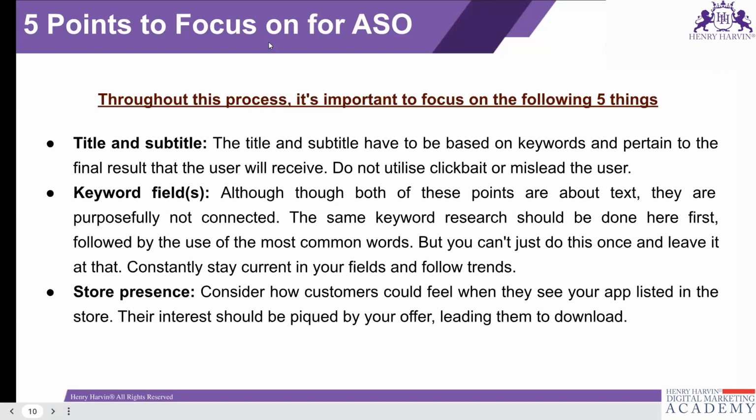And if it is hard, then how will they search for that? So, title and subtitle: when you create your app and list it on Google Play Store or any other store, they also provide relevant keywords. You can use that field as well.